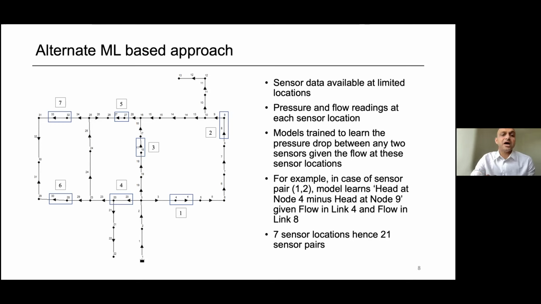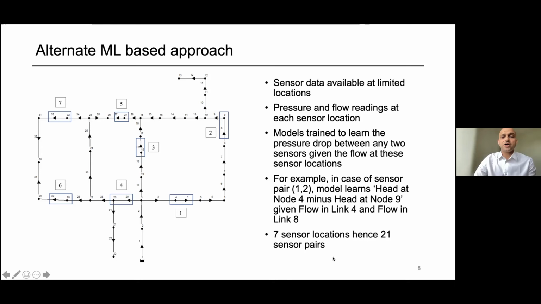So the idea here, and also the approach is closer to reality, is that you will have sensors only at a few places, and you have only limited data about the whole network. So suppose we assume that in this network, where there are close to 32 nodes and 34 links, we have sensors in 7 places. So it's a decent amount of sensors, but not heavily sensored.